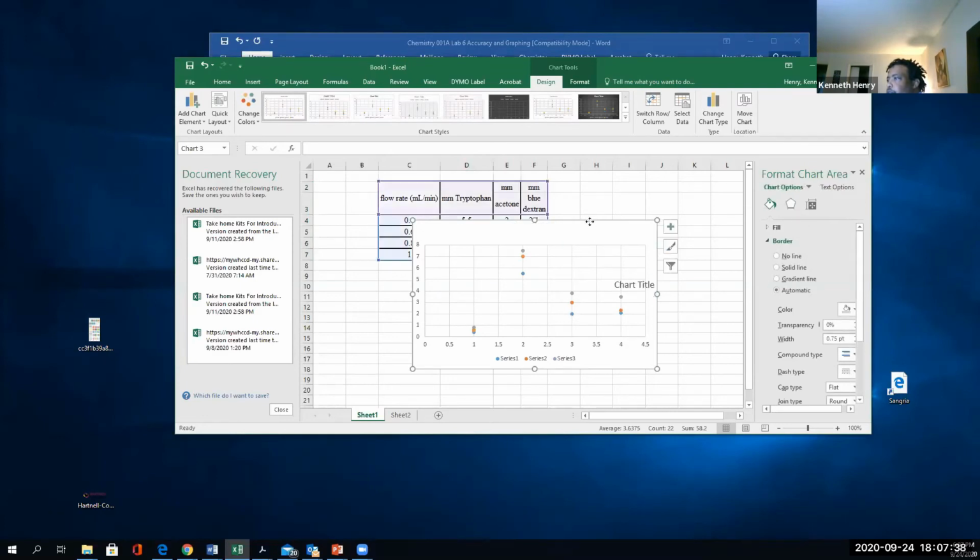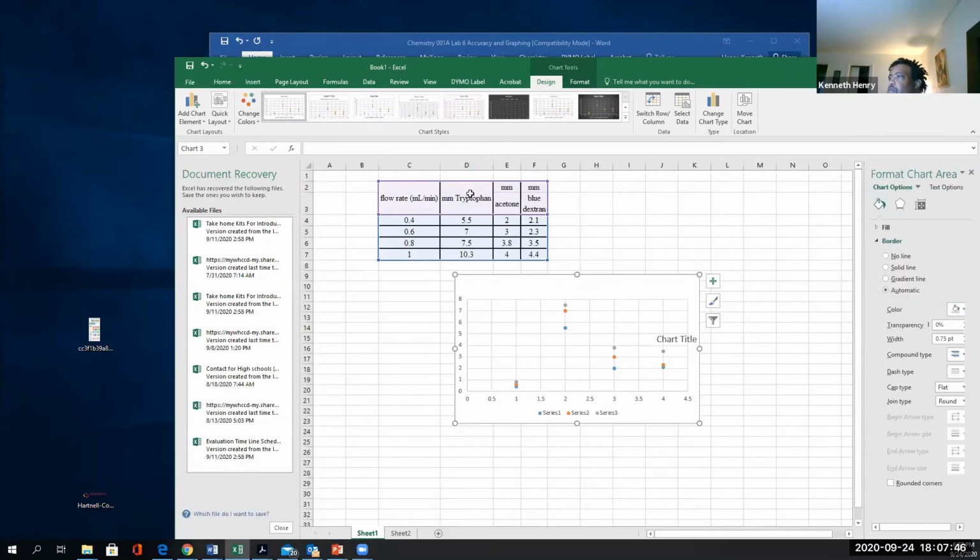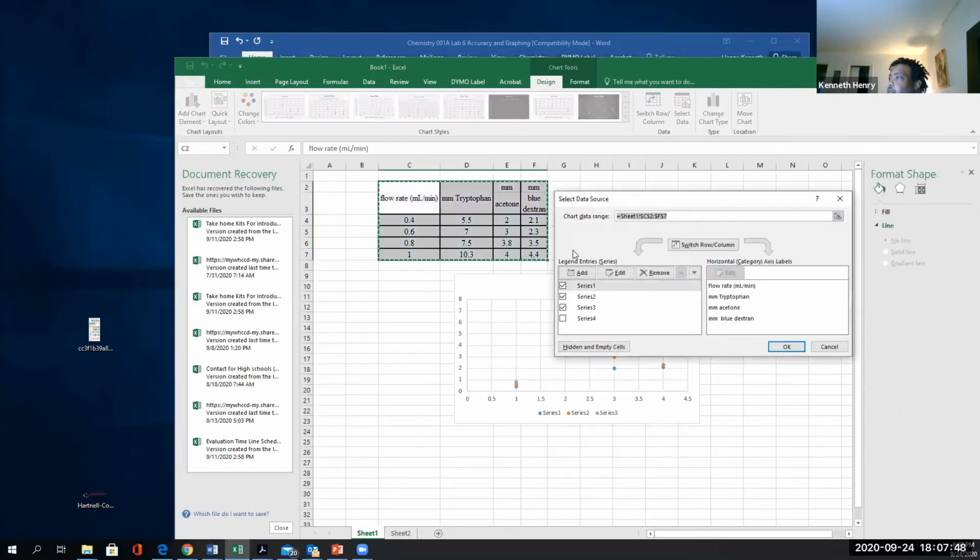Okay, then I'm going to do the same to the second one.